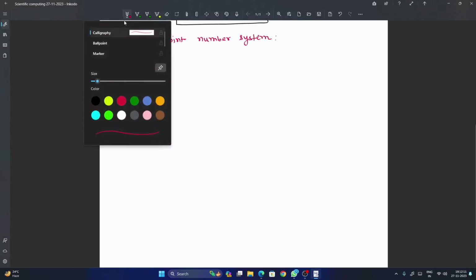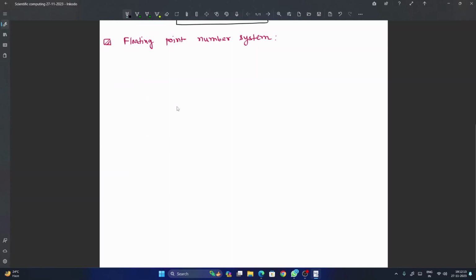The floating point number system is actually the same as our scientific number system. Like if you use the scientific mode in your calculator and you have a large number, it will give you something like 2 into 10 to the power of some value. So now you can see that this large number is stored in this type of small format.